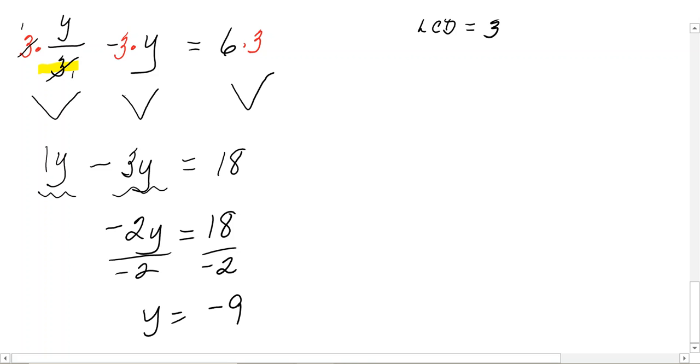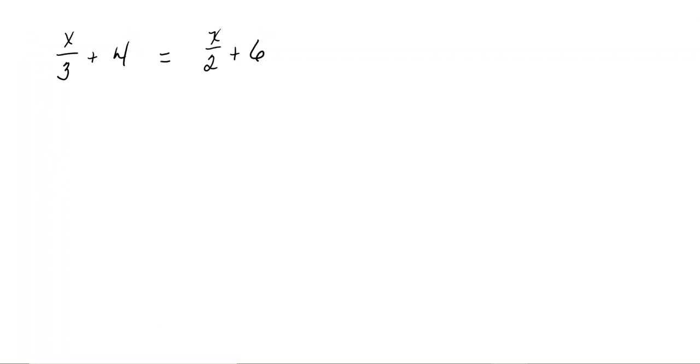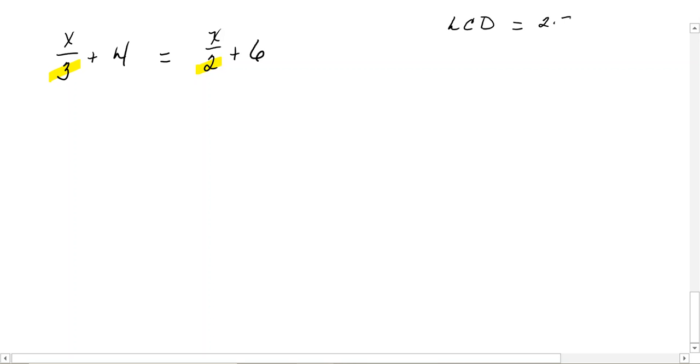I'm going to look for one more problem. All right, in this one, look at just the denominators. What will 3 go into and 2 will go into? The LCD, those are both prime numbers. Take one of each of them. It's 2 times 3, which is 6. The LCD is 6.